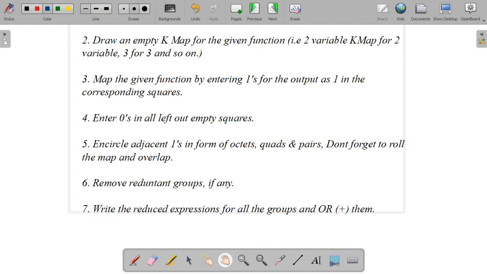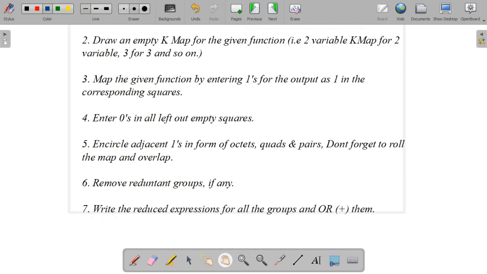Then write the reduced expression for all the groups one by one. For example, if we got 3 pairs, one pair and two quads, the pair gives one expression, quad 1 gives another expression, quad 2 another expression, like that.